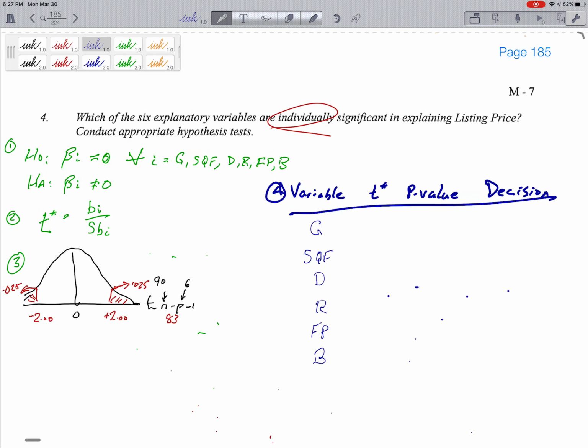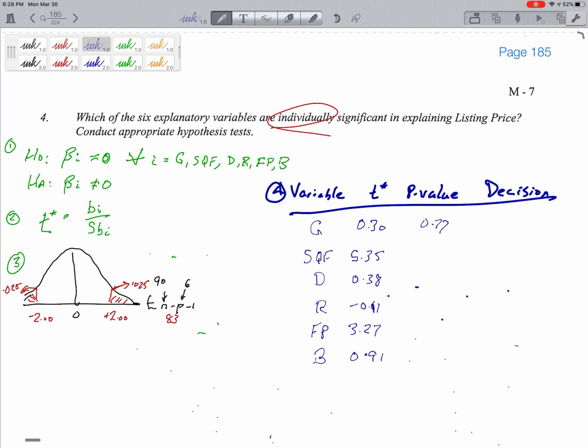Here's the t star values, and I'm just pulling them straight from the table here. So this is 0.30, 5.35, 0.38, I think that is, minus 0.11, 3.27, and 0.91.